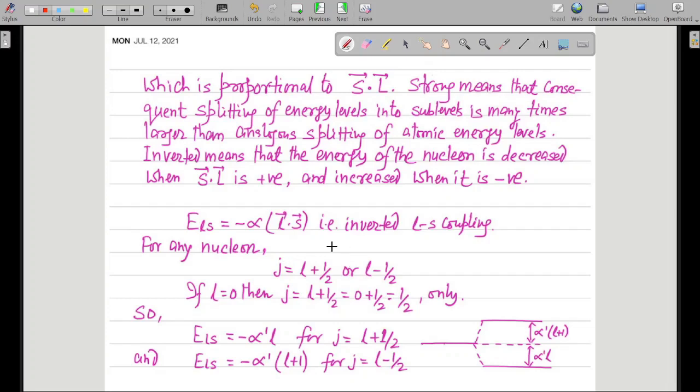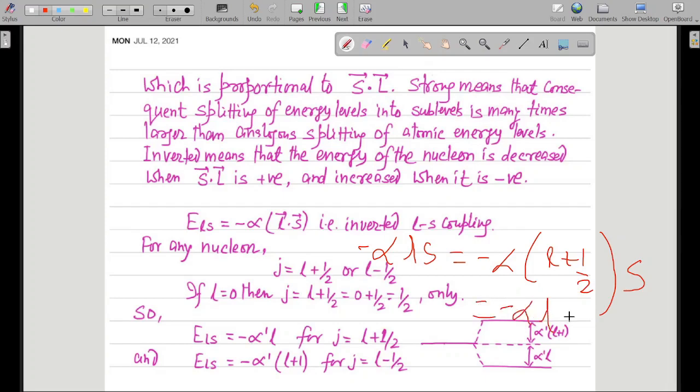So let us see, minus alpha L S was the thing which we had with us. Now minus alpha, when we have L plus half, then what will happen? It will be like this, into S. Now you can write this to be minus alpha L S, minus alpha by 2 S, right? You can write it like this.